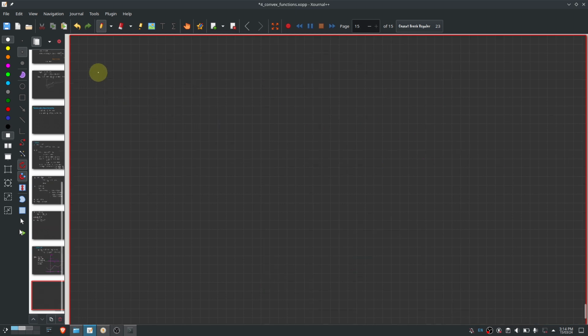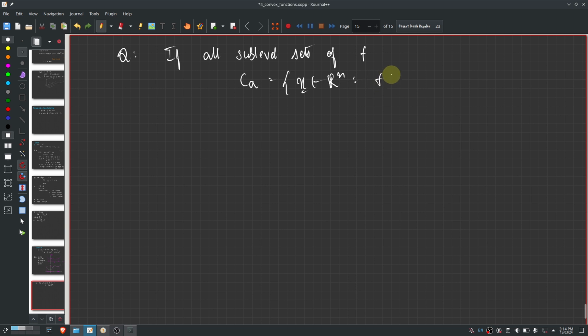Okay. So the question is, if for some function f, all sublevel sets C alpha, defined to be the set of all x in R^n such that f of x is less than or equal to alpha, are convex for all alpha from minus infinity to plus infinity, does it necessarily imply that f is also convex?